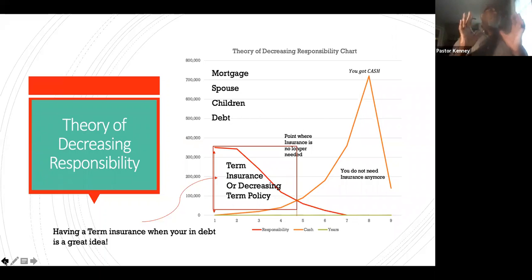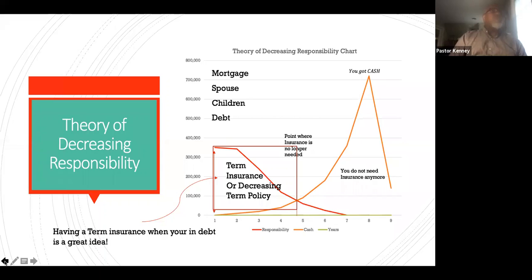What I tried to cover were the principles, to give you an idea about the theory of decreasing responsibility and how it works so you can make decisions. You're a mature lady now with a lovely son and family, so maybe this helps you in your decisions. I hope it's been a benefit to you. And maybe you can share it with your son, because he's the one who's probably looking at these decisions.